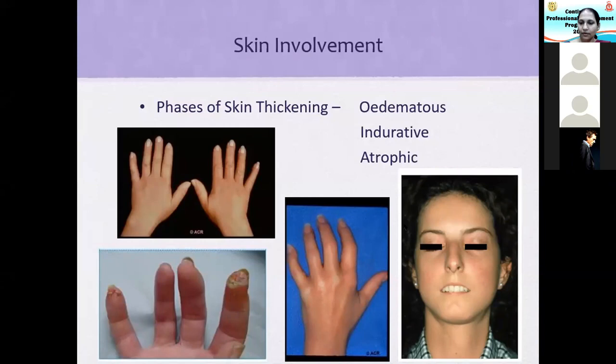Okay, so let's move on from where we stopped. This is the skin involvement. So let us see. Again, the slides are not moving. Let me look into that.